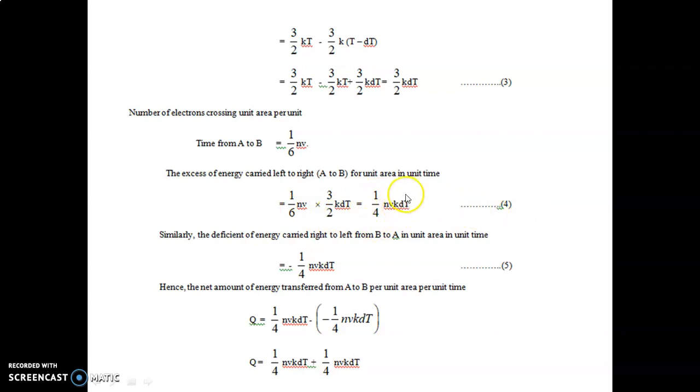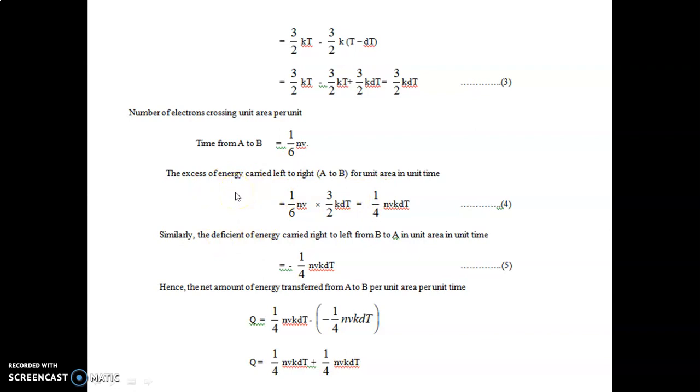Equation 4 represents the excess of energy transfer from cross section A to cross section B per unit time per unit area of cross section. Whenever the energy transfer is from hot end to cold end, that energy transfer is called excess of energy.